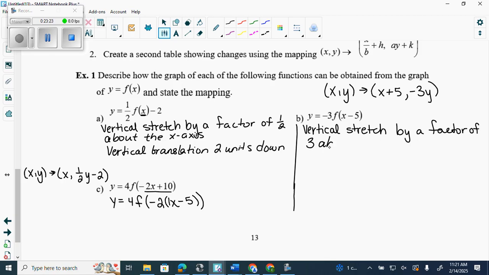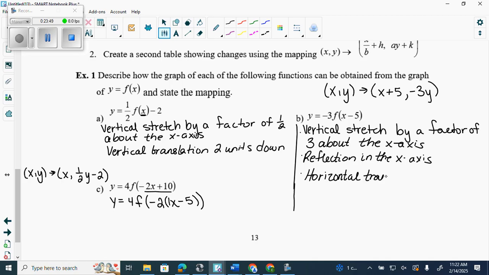Opposite axis, about the x-axis. Let's go stretch, reflect, translate. The negative in front is a reflection in the x-axis. And then this x minus 5 is a horizontal translation. Five units right.